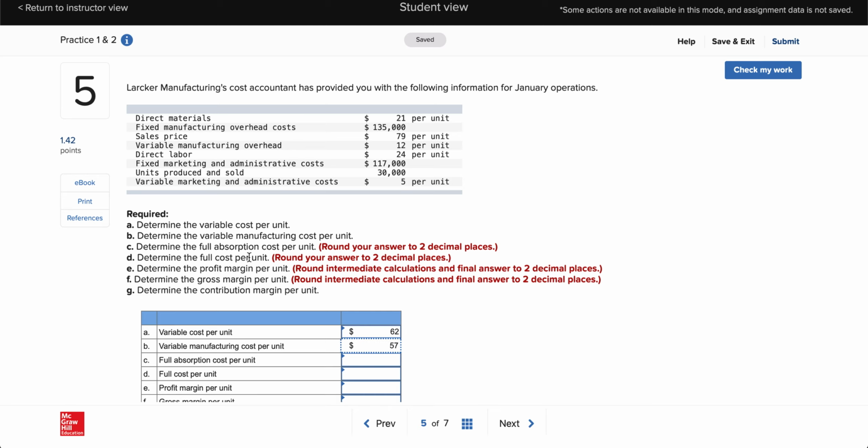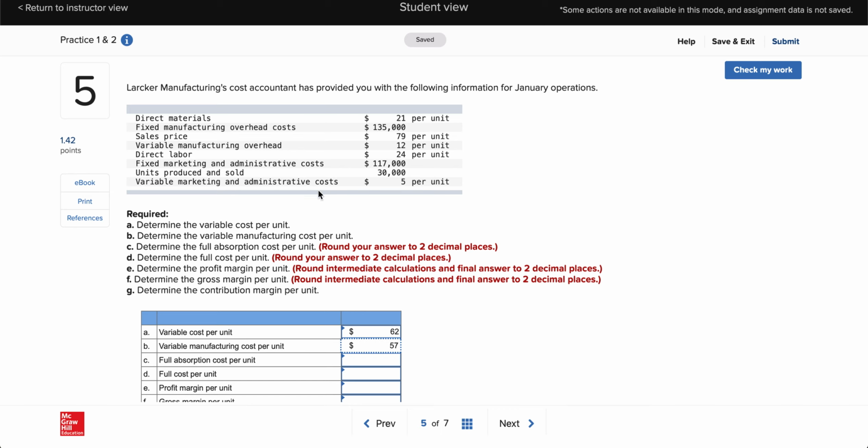Determine the full absorption cost per unit. Now this is going to be different because with absorption costing, we only use the manufacturing costs, and this means we need all of the manufacturing costs, so even the fixed piece of it. So when we look at the full absorption cost, I said that wrong.